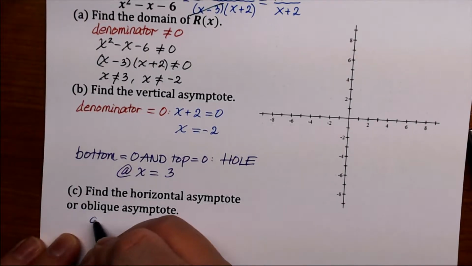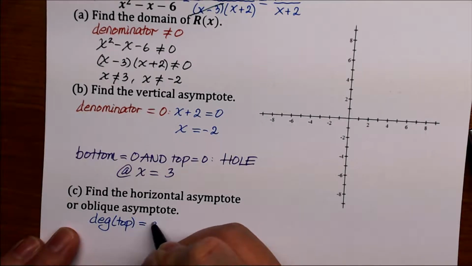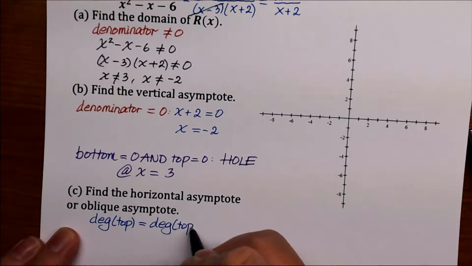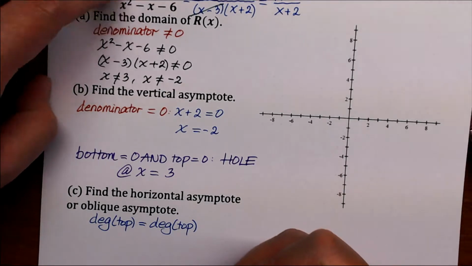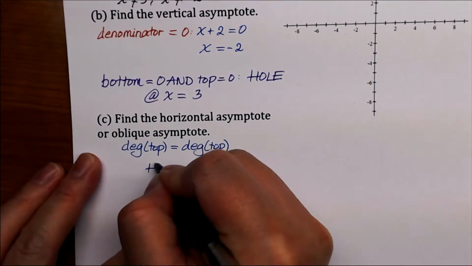One thing to note though, when we have x equal to 3 in this function, even though it's cancelled out, if you put x equal to 3 on the top and the bottom, we will have both of them equal to 0.